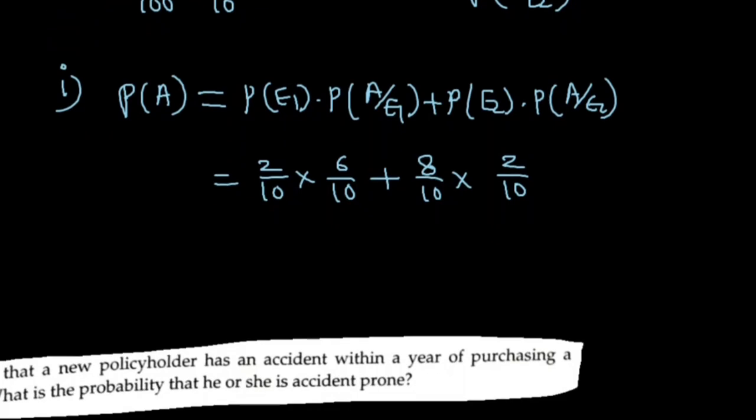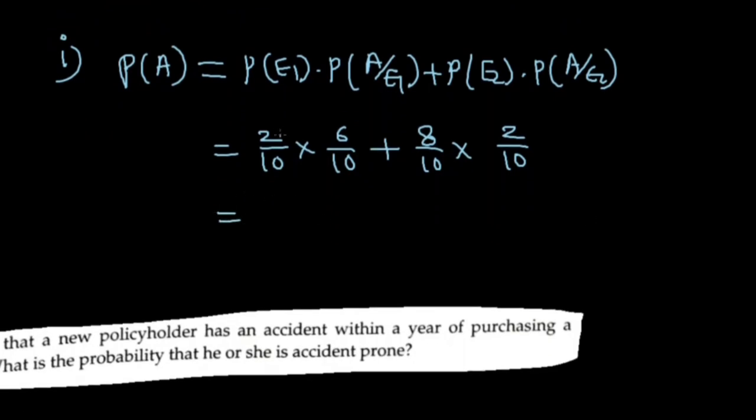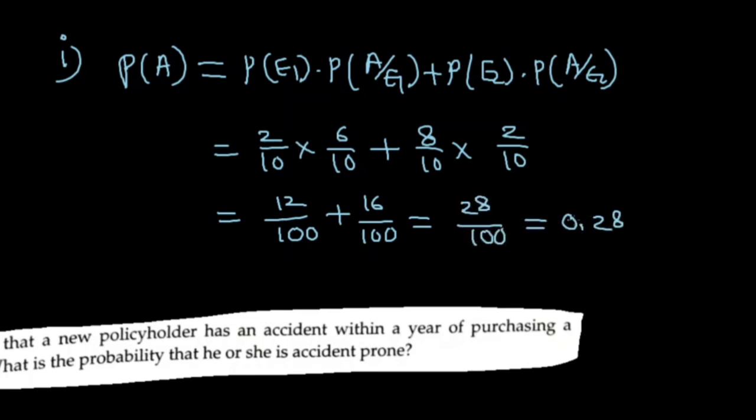That is 12 by 100 plus 16 by 100, so 28 by 100, which is 0.28, or in fraction 7 by 25. This is the answer for the first question.